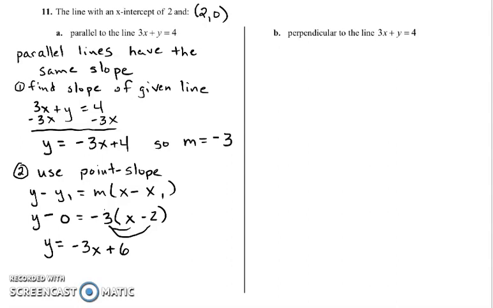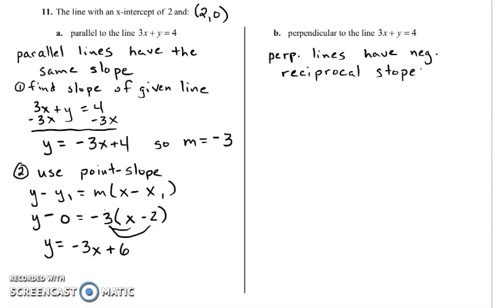All right, let's do perpendicular. It works the same way, except perpendicular, remember, perpendicular lines have negative reciprocal slopes.